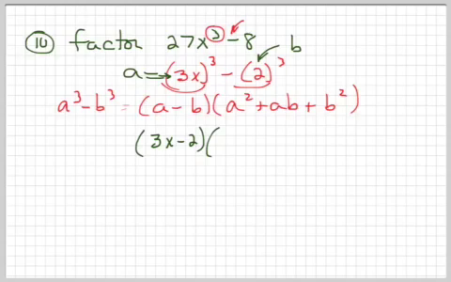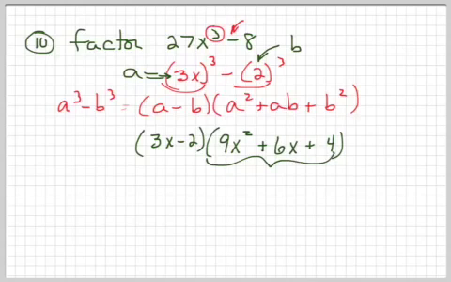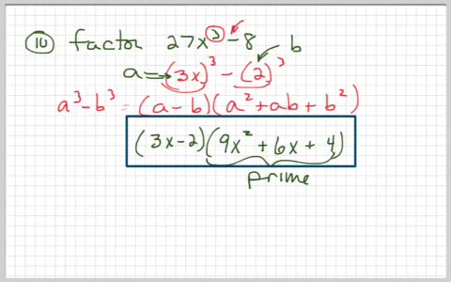Take that a term, the 3x, and square it. 3 squared is 9, and x squared is x squared. Then a times b, 3x times 2, 6x. And finally take the 2, the b value, and square it. There's the factorization for it, and this, remember, is always prime, so you stop right here. You have to write prime, we just know it is.